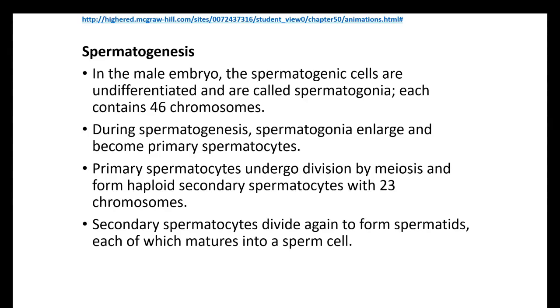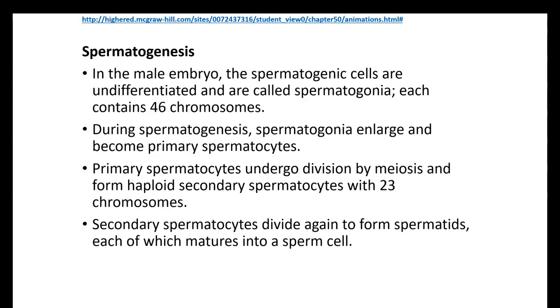Spermatogenesis in the male embryo. The spermatogenic cells are going to be undifferentiated and called spermatogonia. Each one of them will contain 46 chromosomes, just like a somatic cell. Now, during spermatogenesis, that's the process of making sperm, those spermatogonia are going to enlarge and become primary spermatocytes.